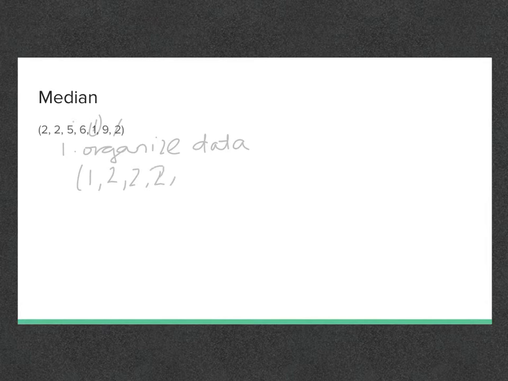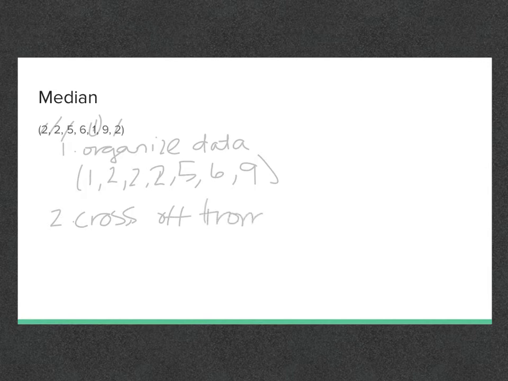And then I have a 5, a 6, and a 9. Now that I have everything in least to greatest order, I want to start crossing off values from the outside working in, outside in.